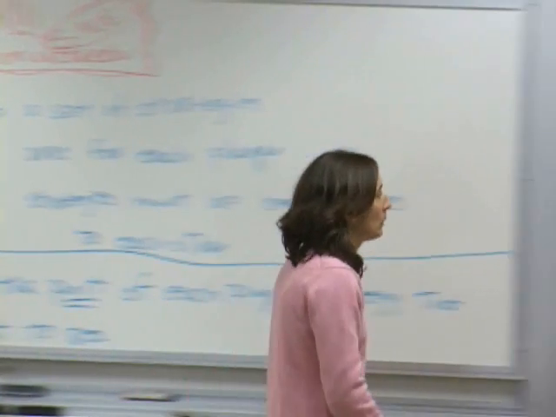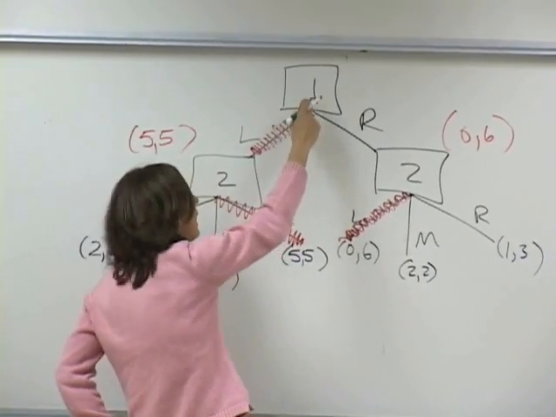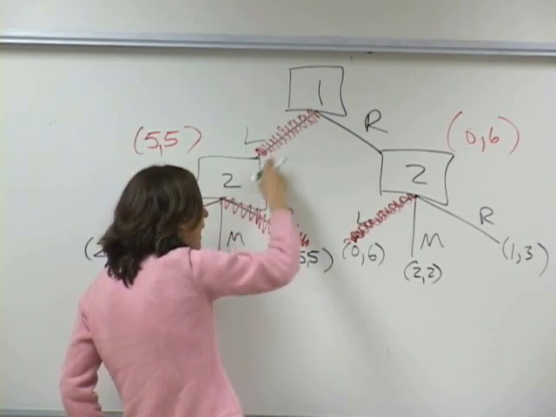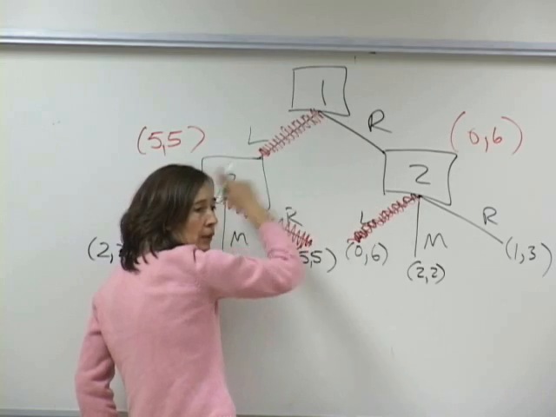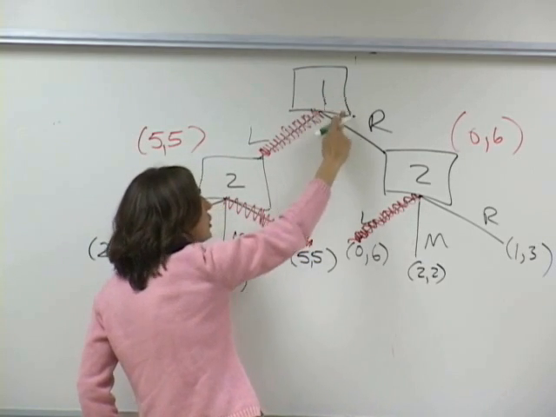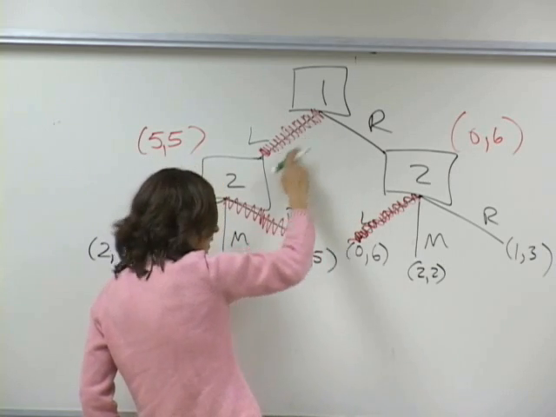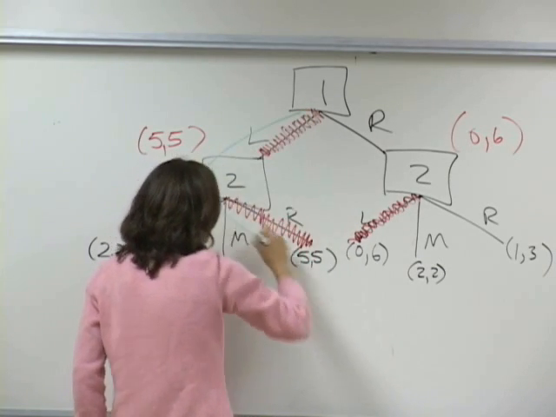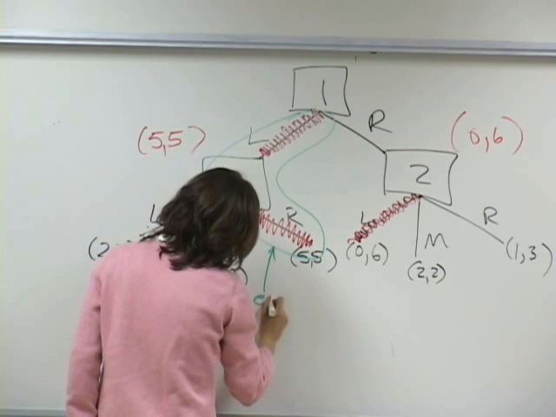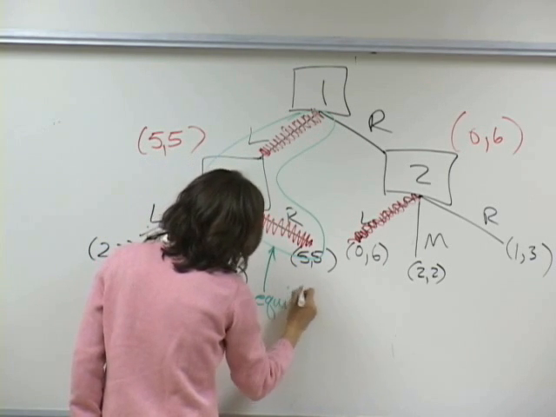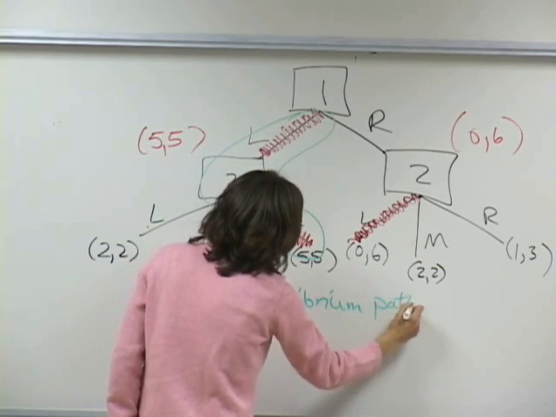Okay? So the equilibrium path we see in the tree by looking at the path of best actions that begins at the first decision node and goes all the way down to a terminal node. Okay, it's the set of connected actions here. This is the equilibrium path.